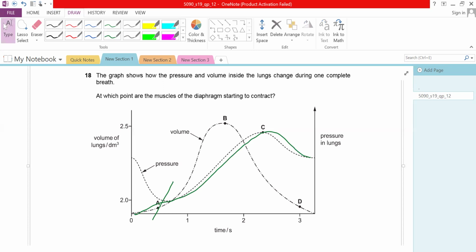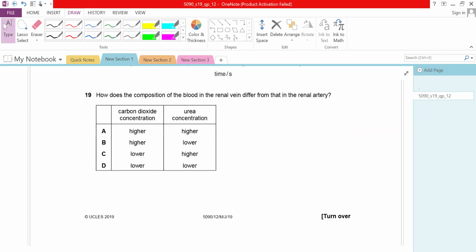Then we have question number 19. It says, how does the blood composition of the renal vein differ from that in the renal artery? So let's read out the options. There are two columns, one of the carbon dioxide concentration and second of the urea concentration. We all know that the renal vein goes away from the kidney and the renal artery comes to the kidney.